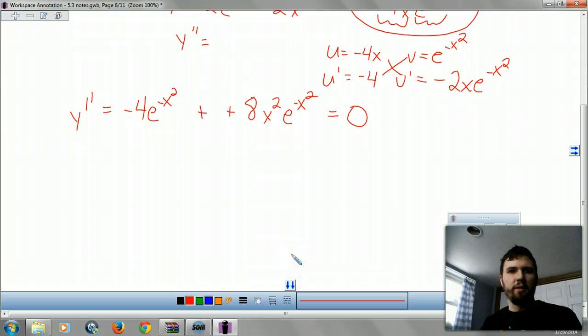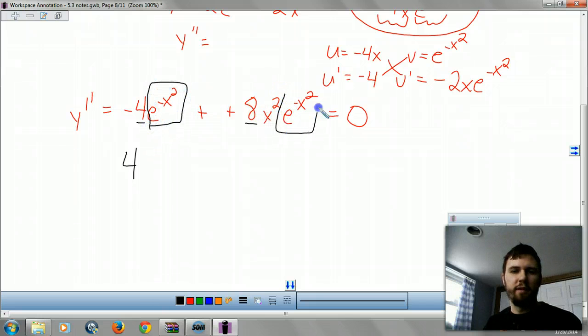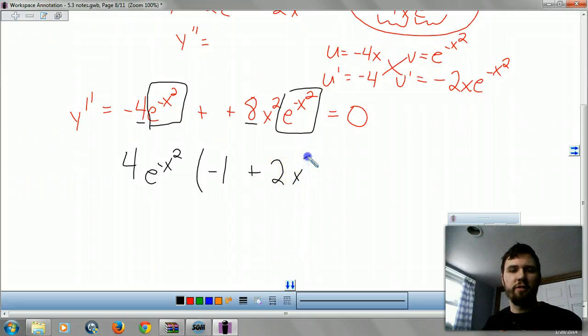Now what I'm going to do next will amaze you. All these have a 4 in common, so I can pull a 4 out in front. They also have an e to the negative x squared, so I'm going to pull that out in front. Times, well, this becomes negative 1, because that negative will still be left there, plus 2, 8 divided by 4 is 2, x squared.